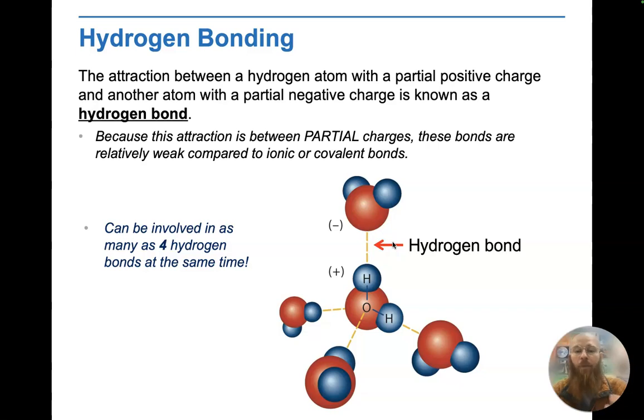Because it's that partial positive of the hydrogen that brings in a partial negative to bond. And because this attraction between molecules or between atoms is only partially charged, these bonds are relatively weak compared to your ionics or covalents.